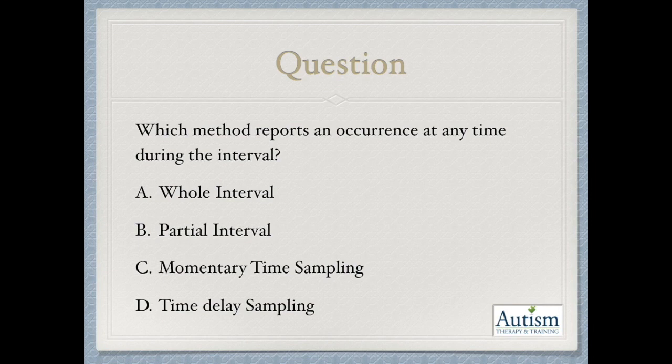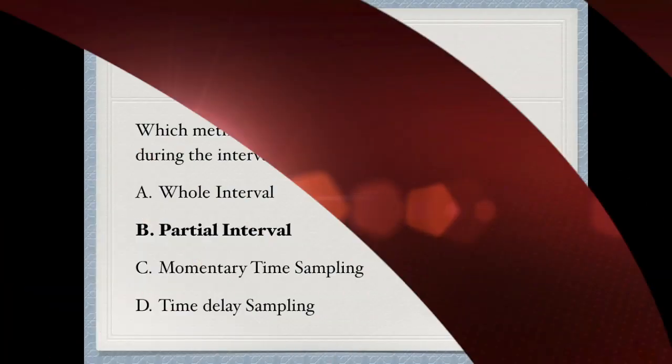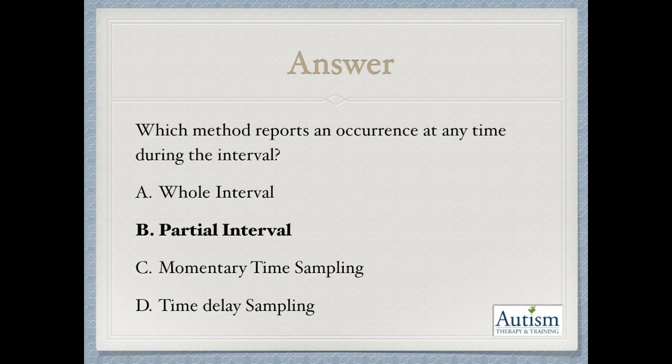Which method reports an occurrence at any time during the interval? Whole interval, partial interval, momentary time sampling, or time delay sampling? And the correct response is B, partial interval.